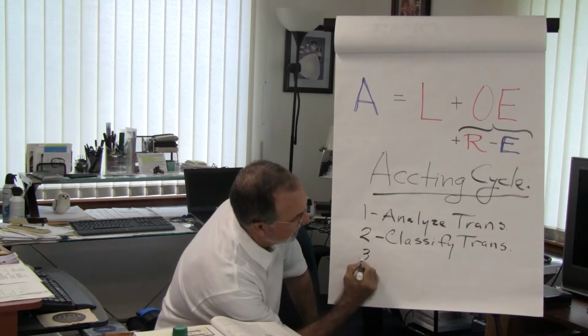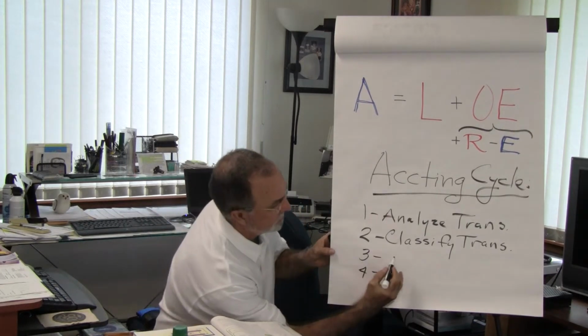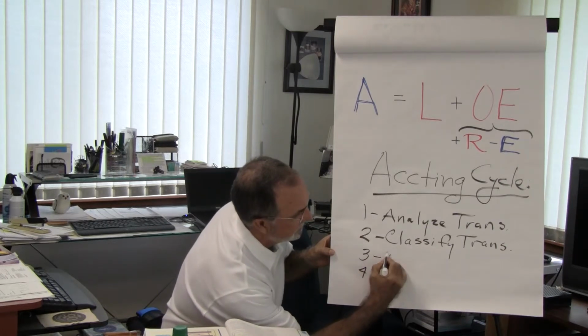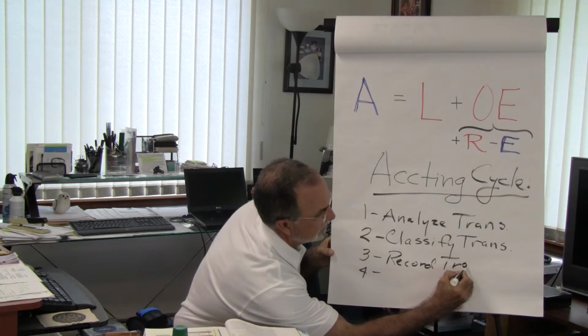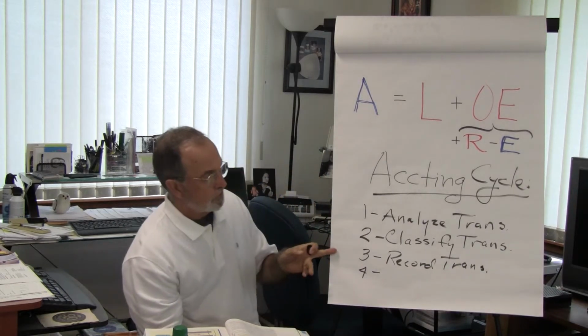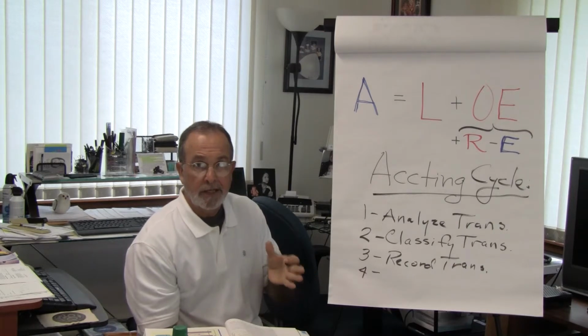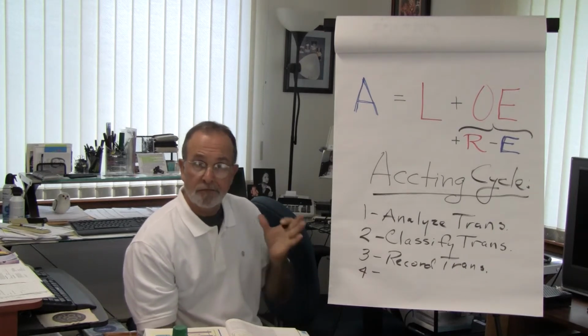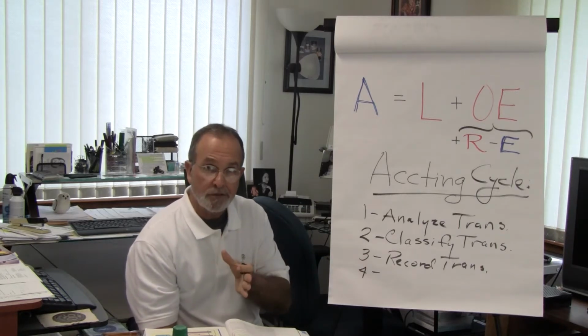And as noted in the previous lesson, our step 3 in the accounting cycle is to record transactions. We cannot record a transaction unless we first analyze it and classify it. We need to figure out what the transaction is and which accounts are affected.